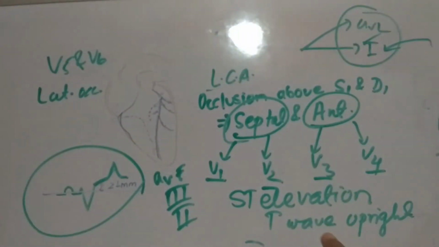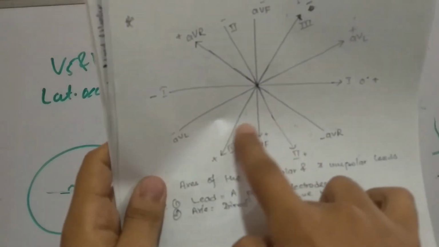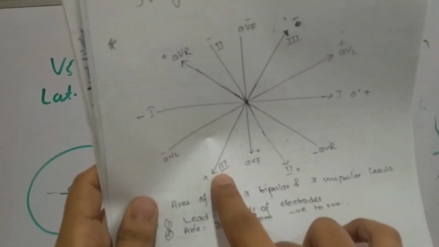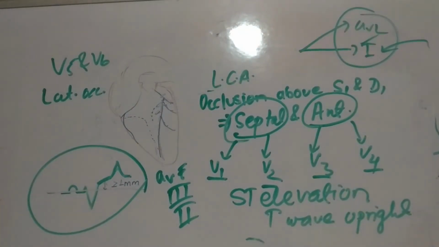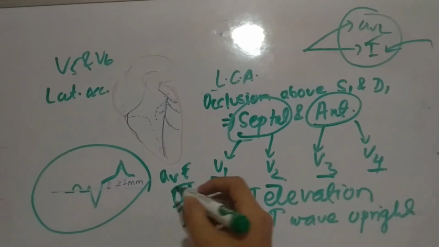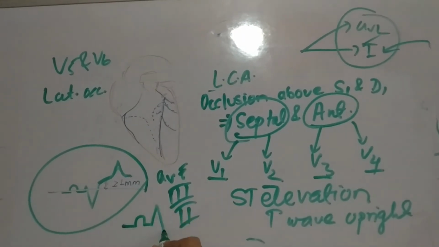What we have already told is that when there is ST segment elevation and T wave upright in V1, V2, V3, V4, then you may find a reciprocal relationship in case of inferior leads. So inferior leads means 2nd, 3rd and AVF. And in this case, what difference you can find is that you will find ST segment depression. So in case of AVF, 3 and 2, you may find ECG like this. So you see here, is it visible?